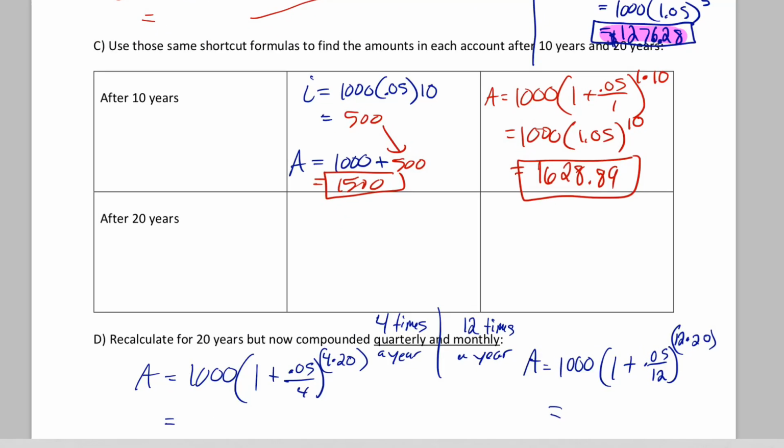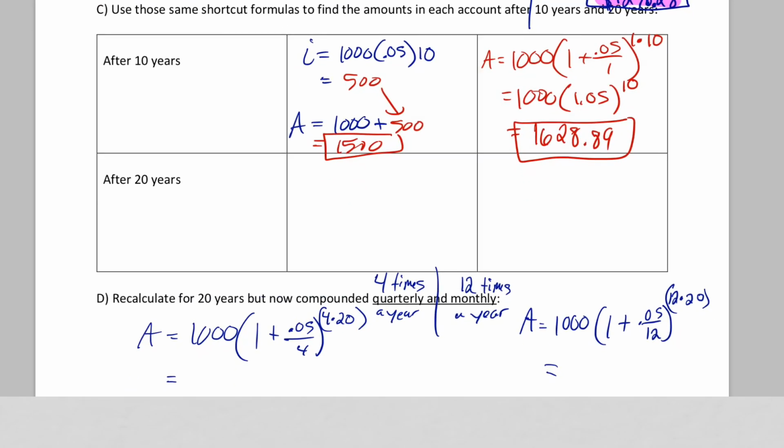So we have the shortcut formulas here. So notice the difference after 10 years, okay? $1,000. You didn't put anything else in.